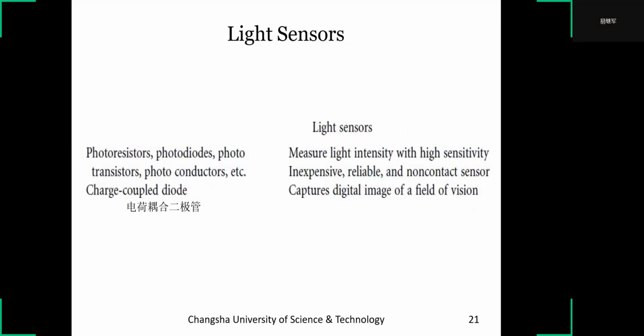Light sensors: photoresistor, photodiodes, phototransistor, photoconductor. A light sensor measures light intensity with high sensitivity, inexpensive, reliable, non-contact.